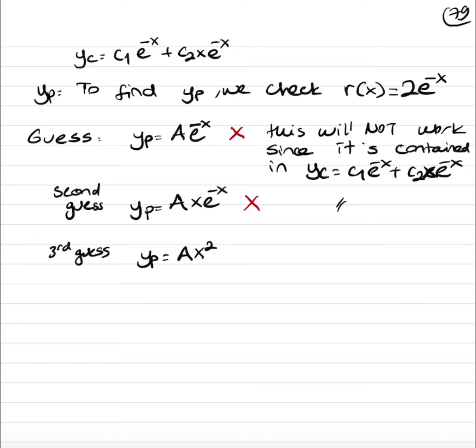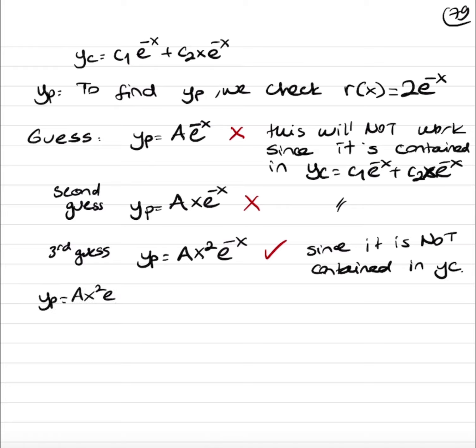This time it will work since it is not contained in y complementary. Okay, let's do this. So we assume y particular is a x squared e to the power minus x.